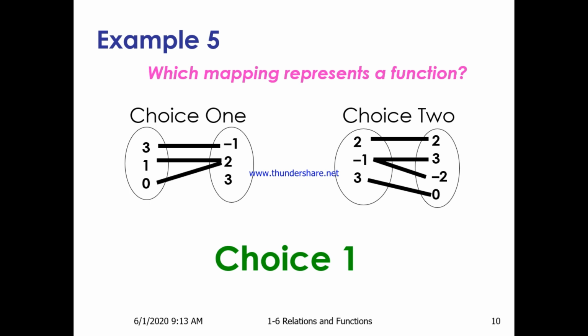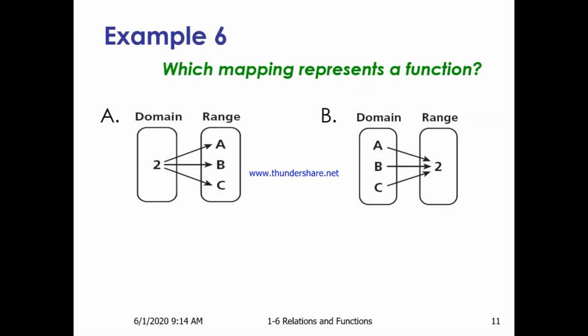Okay. Next, the same mapping. We have here A and B. In the domain, we only have two. In the range, we have A, B, and C. In B, we have the domain A, B, C. Now, which of these two is a function?